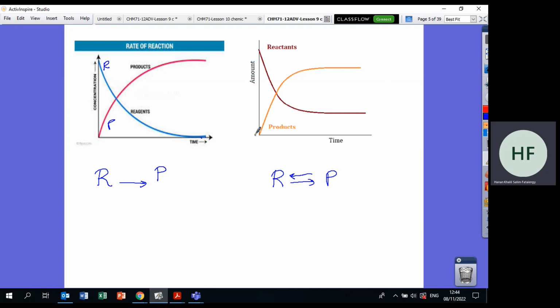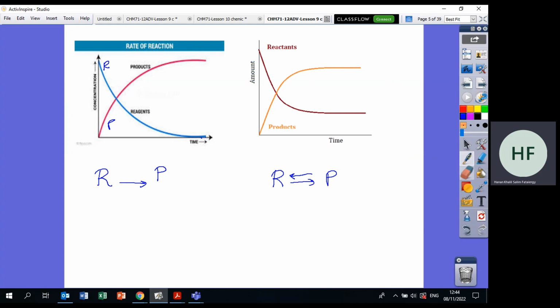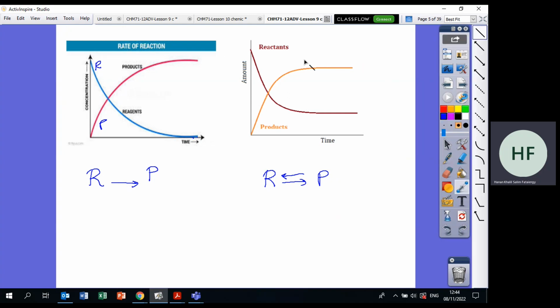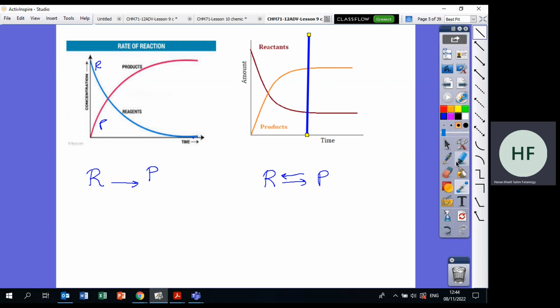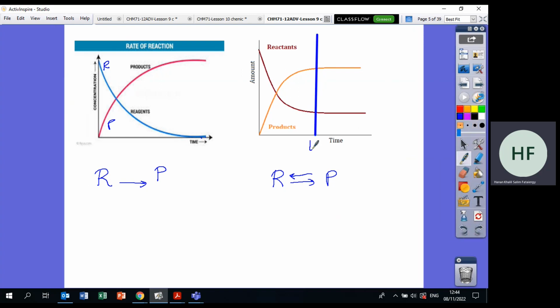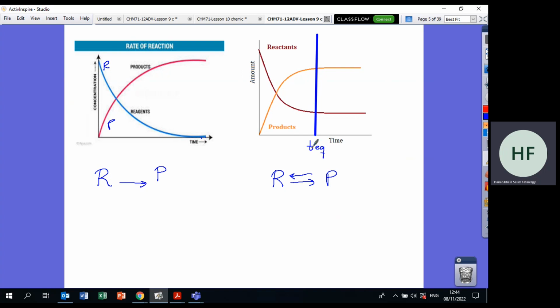Now there is a very important time on the x-axis that you need to identify. This is the time after which the reactants and the products become constant. Notice that after this line, the reactants and the products become constant. I will call this time TEQ.